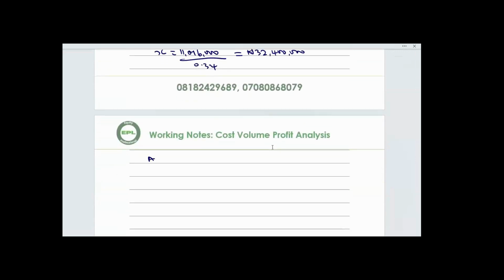If you like, you can share this into two: one for A, the other part for B. To share this, 32,400,000 is multiplied by the sales mix of A, which is 20%, and by the sales mix of B, which is 80%. 32,400,000 multiplied by 0.2 is 6,480,000.